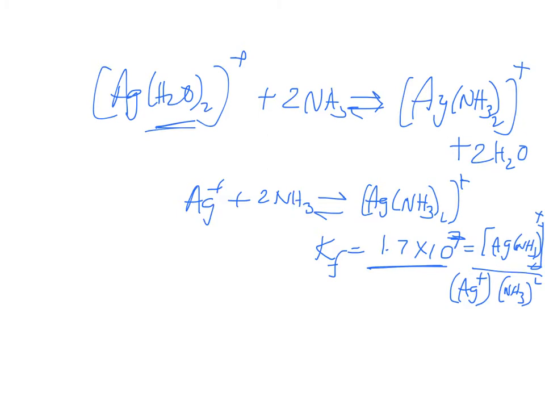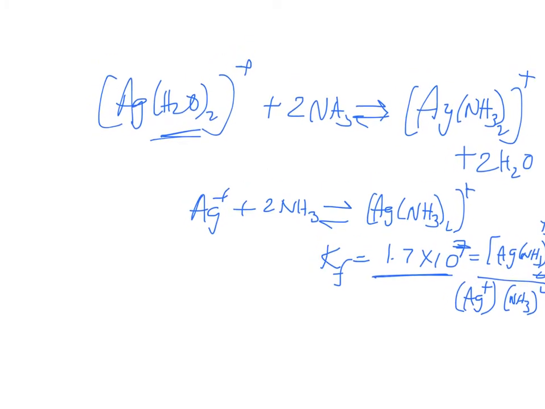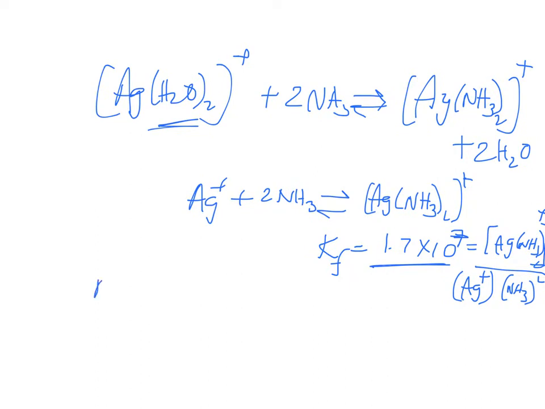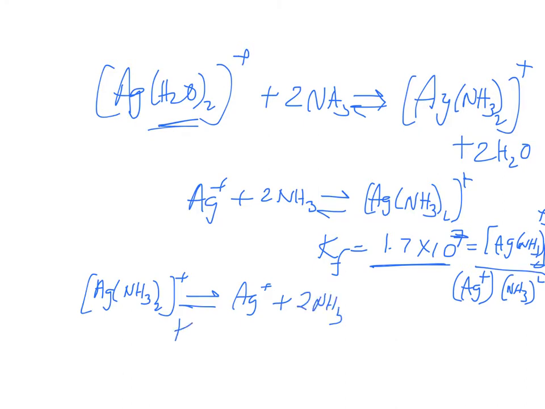So what that means is that the backward reaction, that means Ag(NH3)2+ going and dissociating to give you Ag+ and 2 ammonia, that's going to be pretty highly unlikely. The Kd, the dissociation constant, which can be taken to be 1 over Kf, that's going to be 1 over 1.7 times 10 to the 7th.